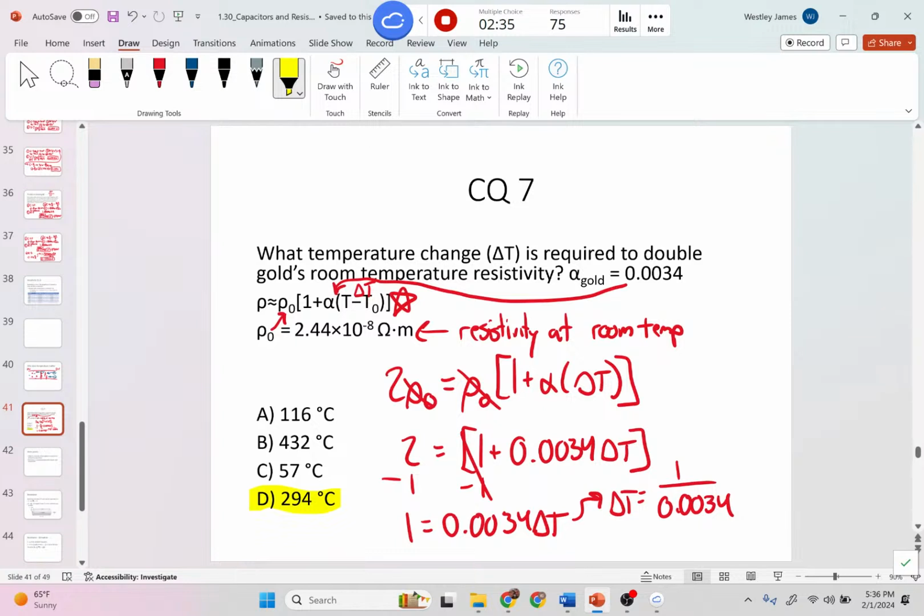This problem is kind of nifty because it shows you that to double it, you got to increase the temperature a lot. 294 degrees, increasing the temperature by 294 degrees. That's hard to do. We're nowhere near the melting point, so that's not a concern. But that's real hot. I mean, the boiling point of water is 100 degrees Celsius.